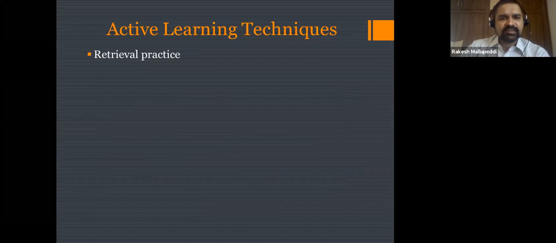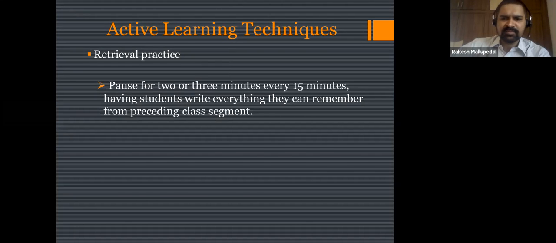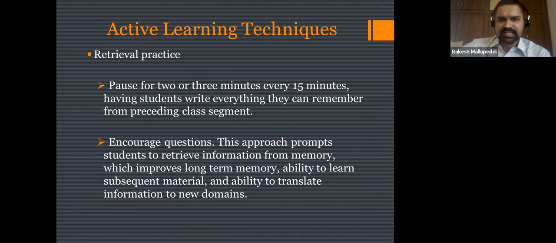And then retrieval practice, again, it's similar to the pause procedure where you are giving them a time. So every 2 minutes for every 15 minutes. And here it's more like students writing back what they remember from the preceding class segment. So whatever you have said, students are writing on their own, and they ask you questions.